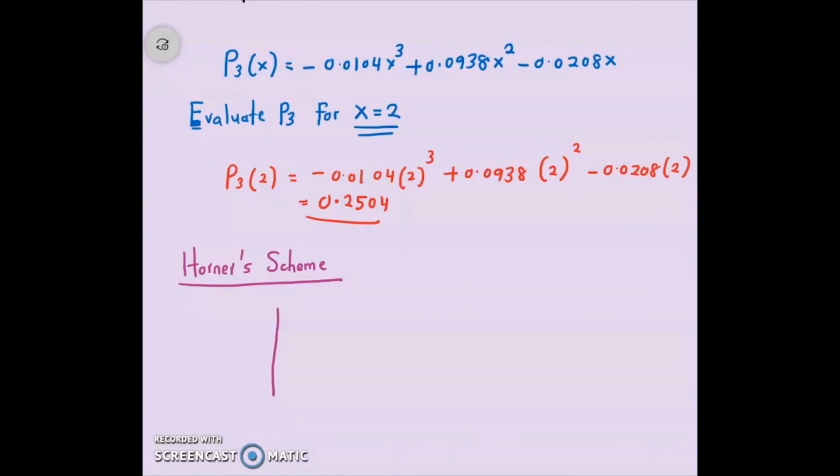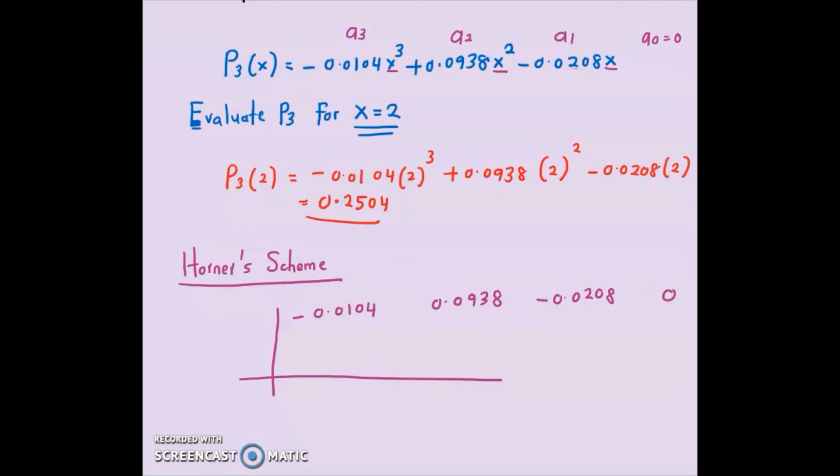So I have arranged this into the highest coefficient. Okay, so this is my A3, A2, A1, and A0 is 0. So I have negative 0.0104, 0.0938, negative 0.0208, and 0.